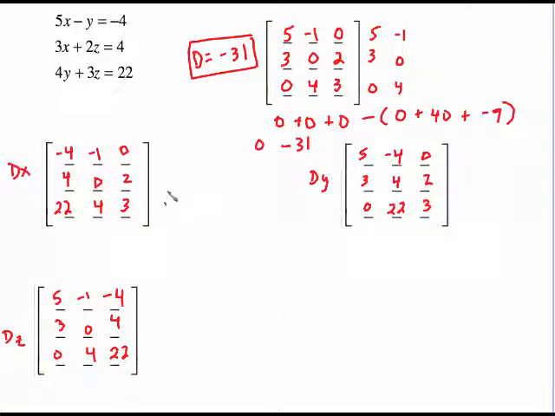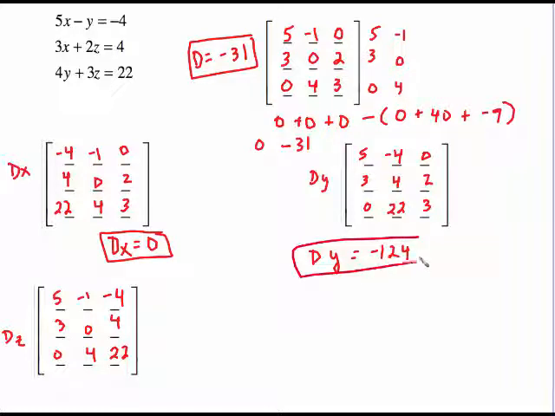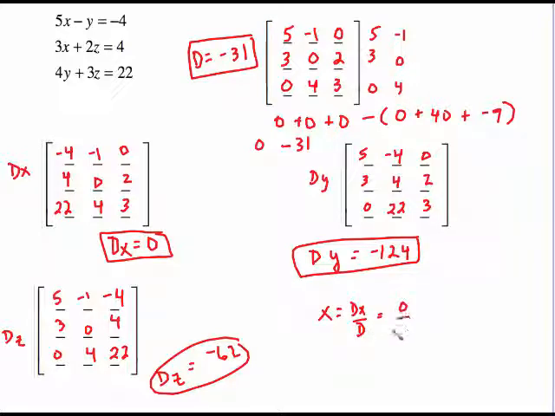And I will tell you that the dx determinant value equals 0. And it's okay for dx, dy, or dz to equal 0. It's just that d can't equal 0. The dy value is negative 124. And the dz value is negative 62. So to find x, I put dx over d. So that is 0 over negative 31, which gives me 0.